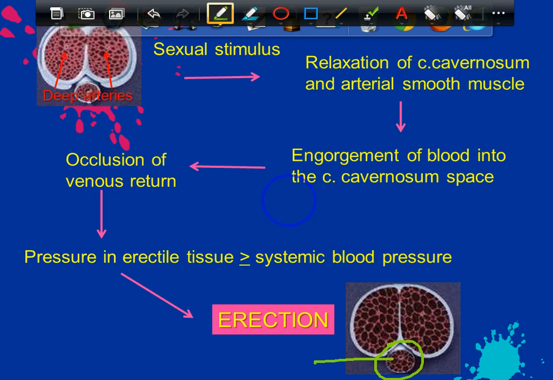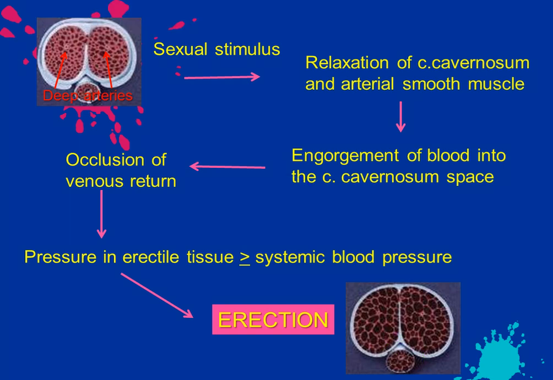The claim to fame of that corpus spongiosum is he's got a urethra right there. So he's not all that terribly important to this process anyway. You can stay here if you want. I'm going to go on. Notice how important pressure is in the erectile tissue. So pressure increase in that area.